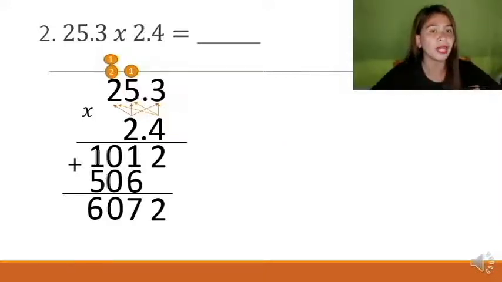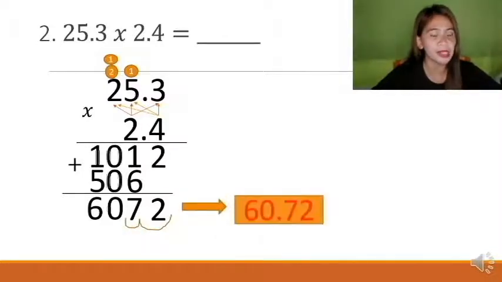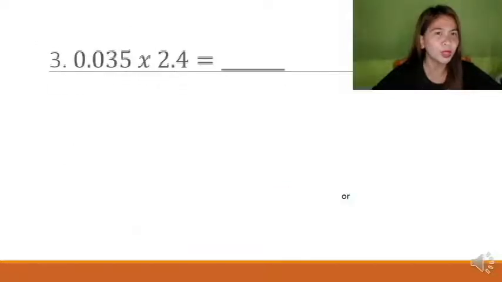So mag-move ta kaduha from right to left na sad. Okay, asa naman ang decimal point? Nasa tunga-tunga, sa 0 ug sa 7. Okay, very good. So your final product is 60.72. Wow!